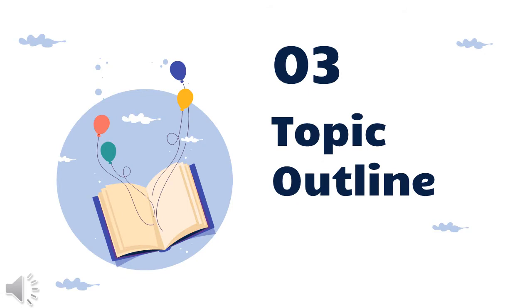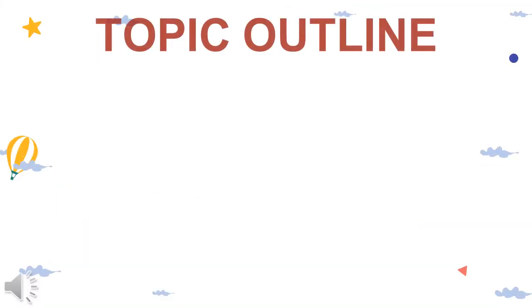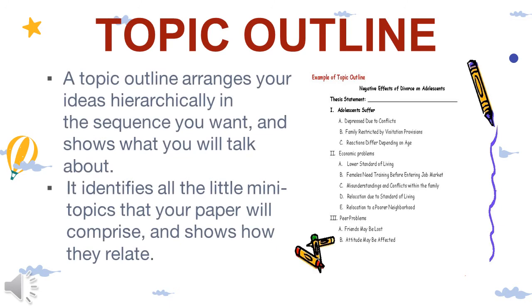Now let's go down to the third technique in selecting and organizing information. This is what we call a topic outline. A topic outline arranges your ideas hierarchically in the sequence you want and shows what you will talk about. It simply identifies all the little mini topics that your paper will comprise and shows how they relate.